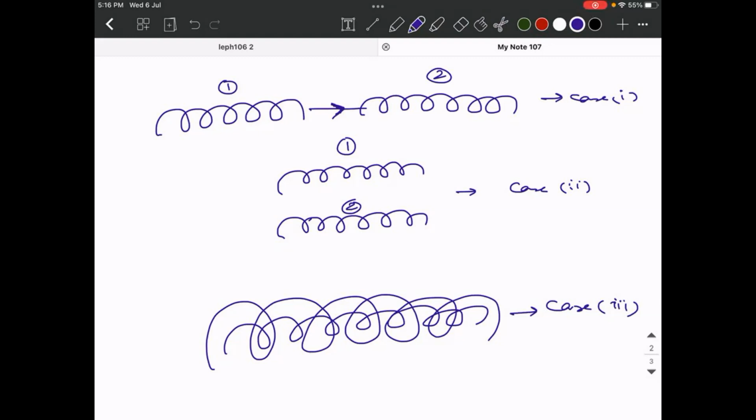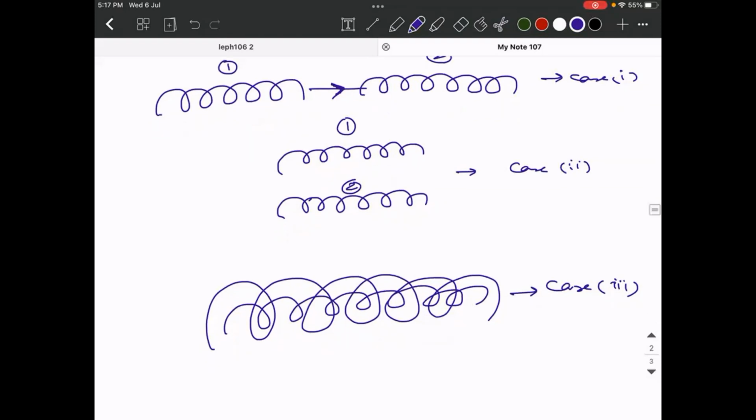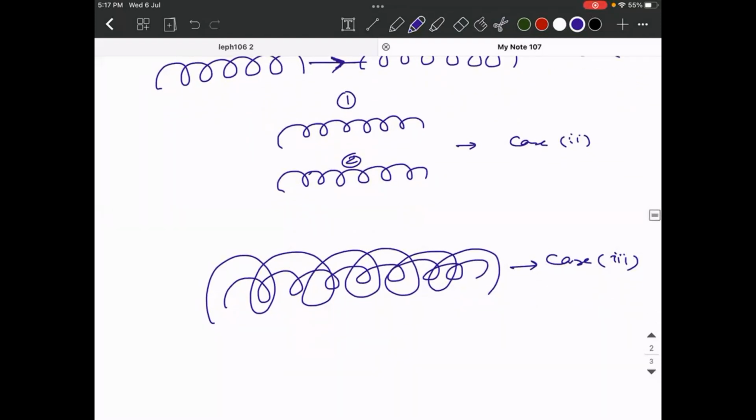Whereas in case number 2, in the perpendicular direction you do not have magnetic field. Clear? So that's what happens. So 3 is greater than 1 is greater than 2.